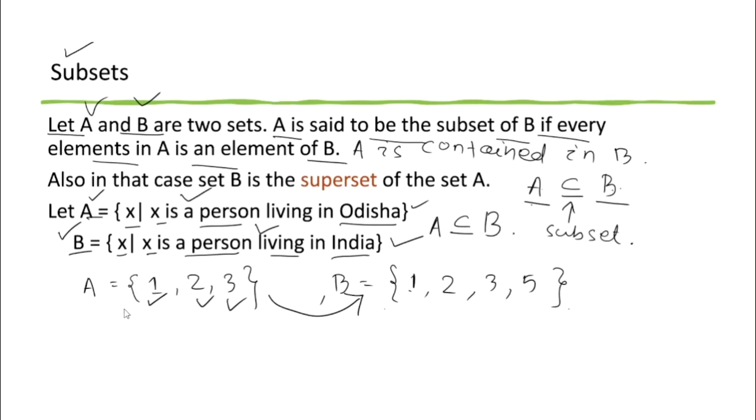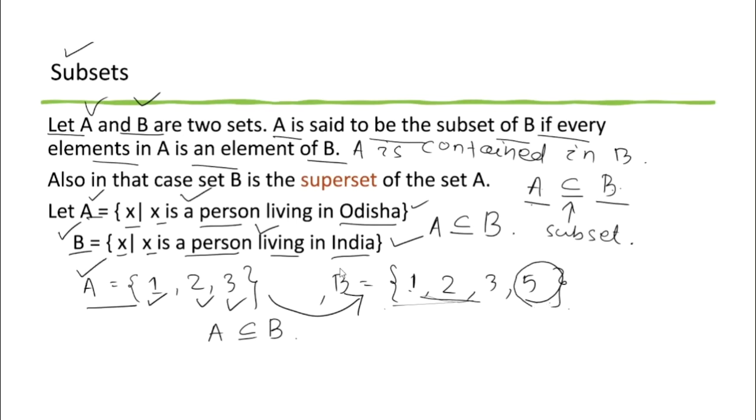That means every element of set A is found in set B, so we say that A is contained in B. But B has an extra element, 5, that is not present in set A.